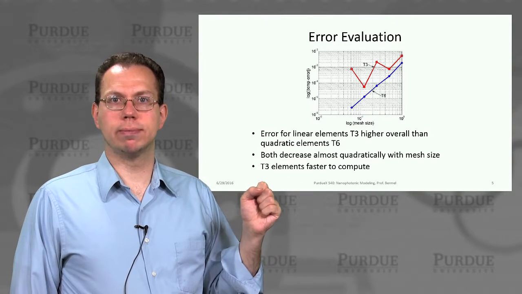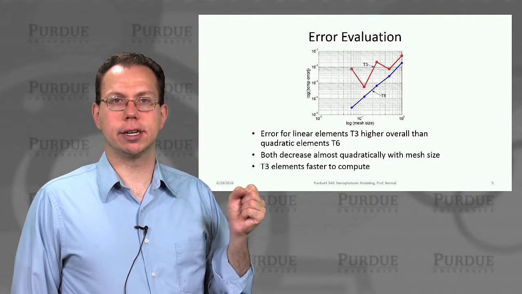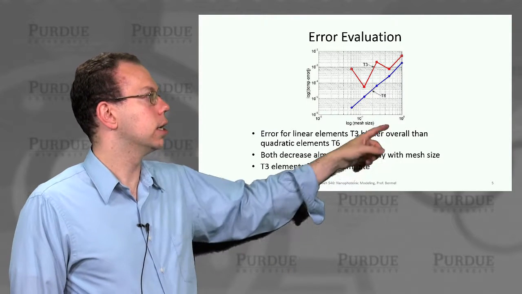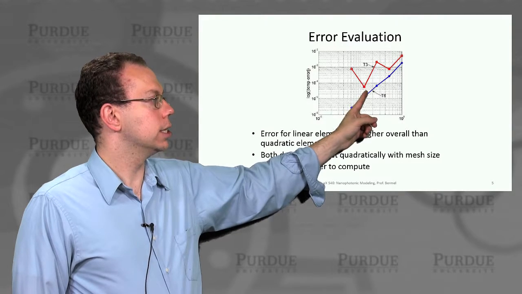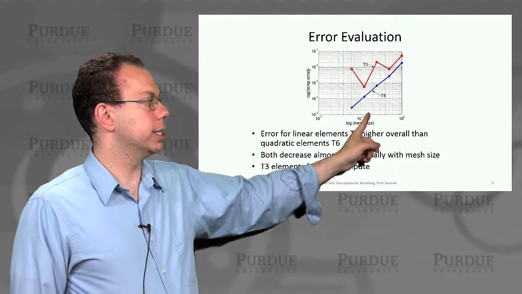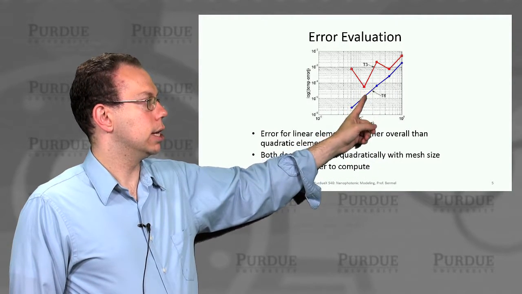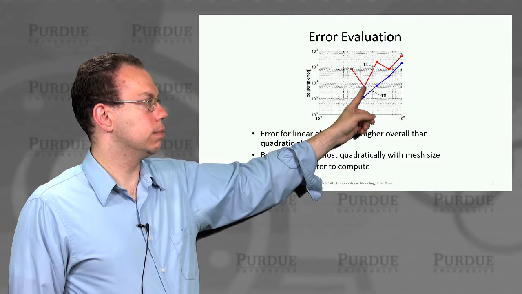So for a given problem, you may actually prefer one or the other, but there's not necessarily a clear solution, because as you can see, the accuracy of T3 is not that bad at this particular mesh size. And it's a little higher, of course, than blue.